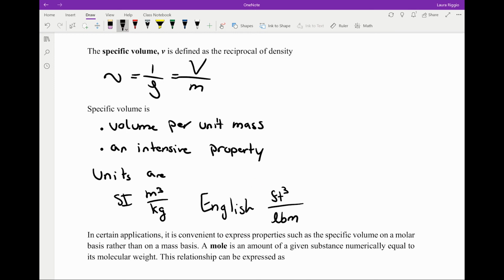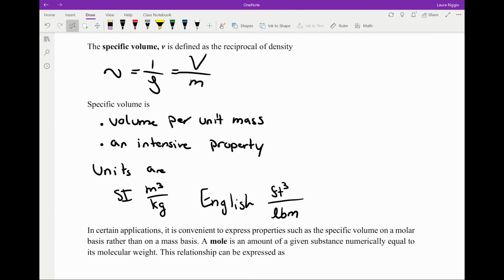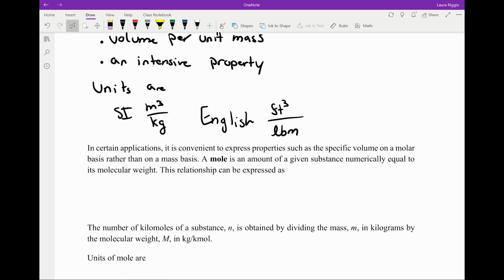In certain applications, it's actually convenient to express things on a per mole basis. If you remember, a mole is the amount of a given substance numerically equal to its molecular weight. So this relationship can be expressed as N, which is our number of moles, is equal to our mass divided by our molecular weight.